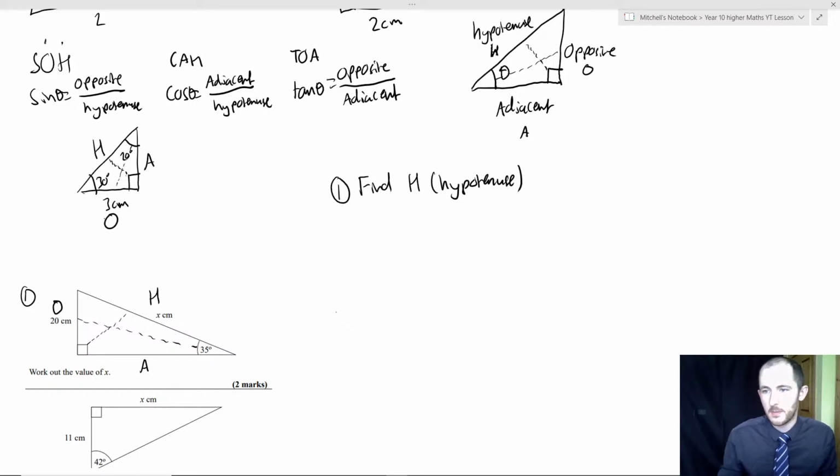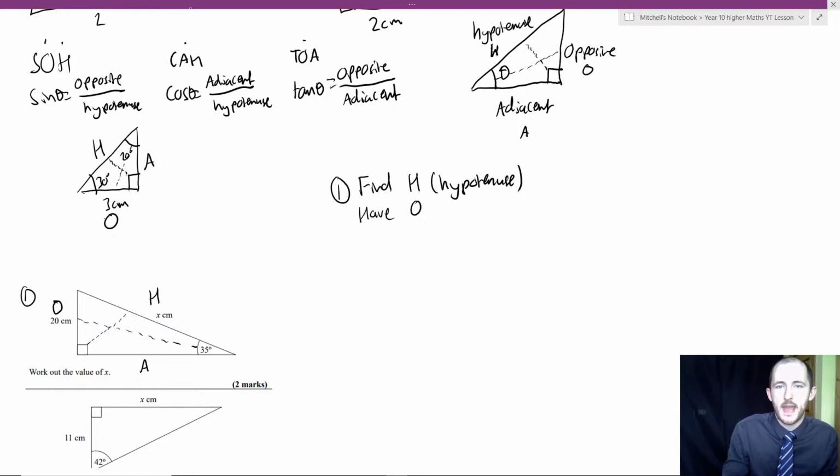So we want to find h, and we have O, which means we want to use O and H. So which one of these three has O and H in it? Well, it's SO. So we're going to be using sine theta equals opposite over hypotenuse.